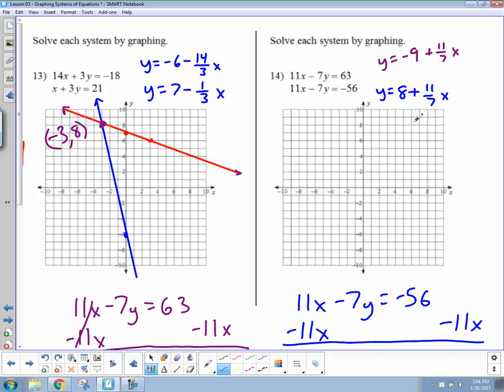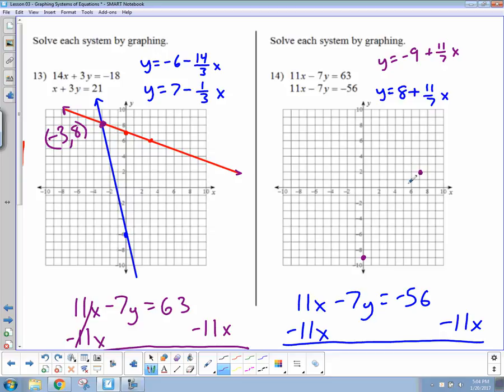So, as always, we're going to graph it. Let's see here. Negative 9's down here. Plus 11 over 7, so I'm going to go up 11. 1, 2, 3, 4, 5, 6, 7, 8, 9, 10, 11, and over 7. 1, 2, 3, 4, 5, 6, 7.